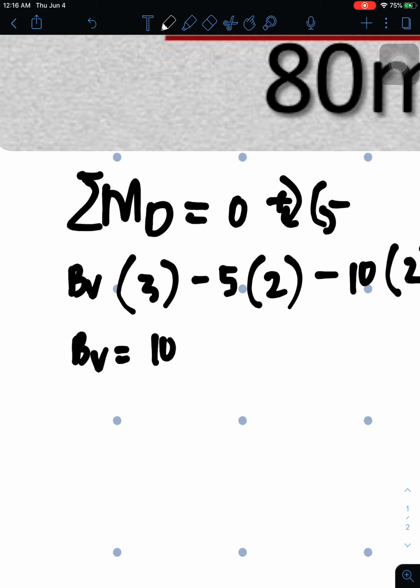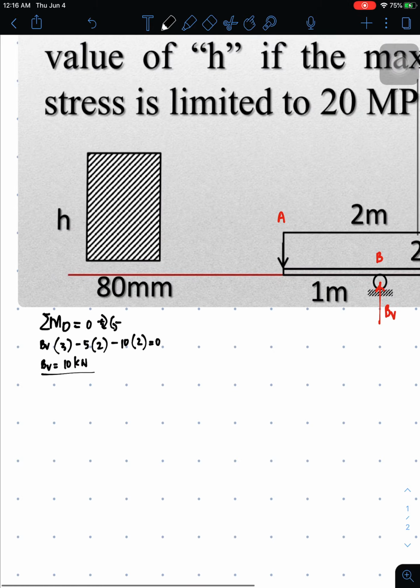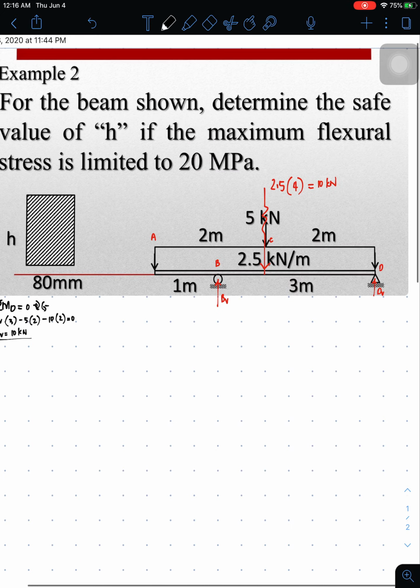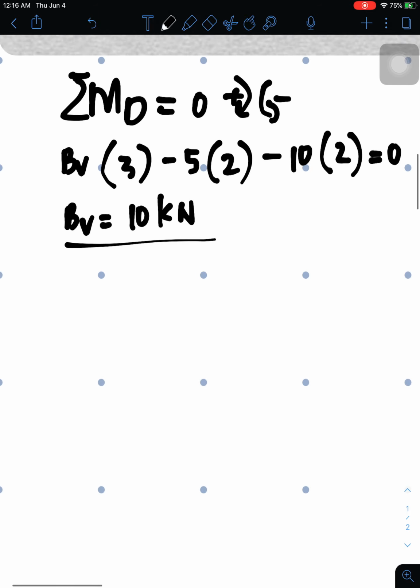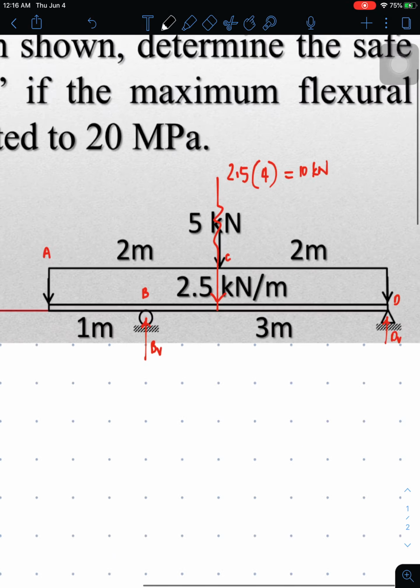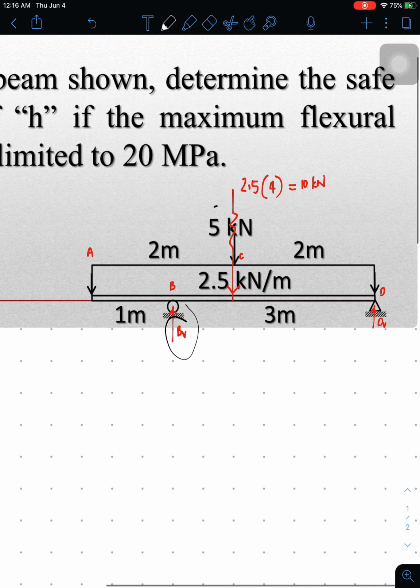So BV is 10 kilonewtons. And for solving for DV, we use summation of forces vertical equal to 0. We have BV plus DV minus 5 minus 10 equal to 0. These are the forces vertical: BV, the 5, the 10, and the DV.